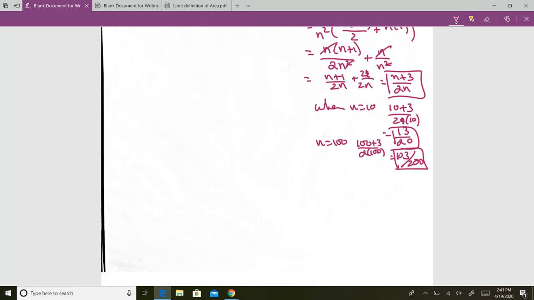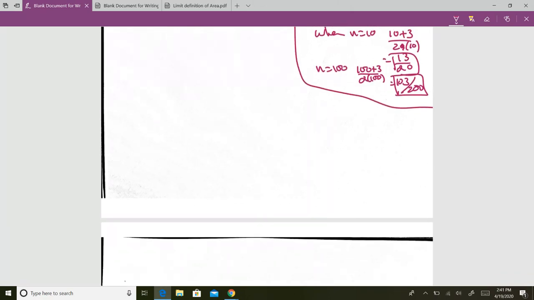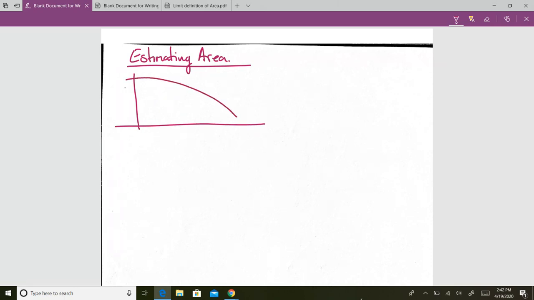So what's the point of learning all this? Well, we're going to start looking at curves here. I'm going to do this on this clean page here. Estimating area. So we have a curve like that. We call this point A, call this point B. I want to estimate the area under this curve.